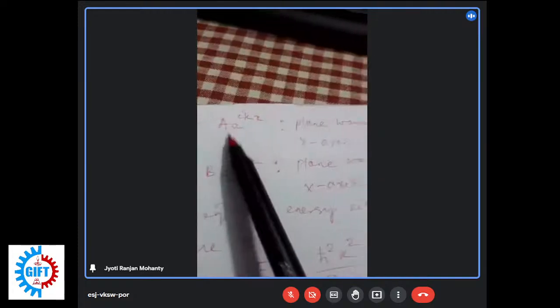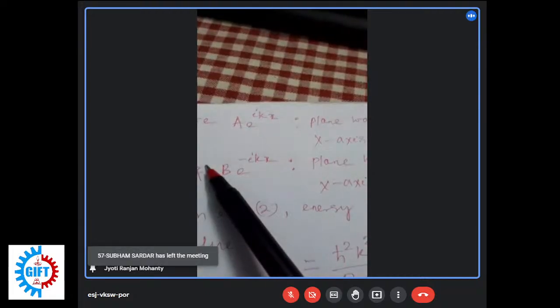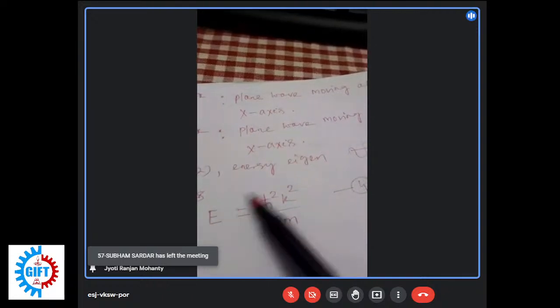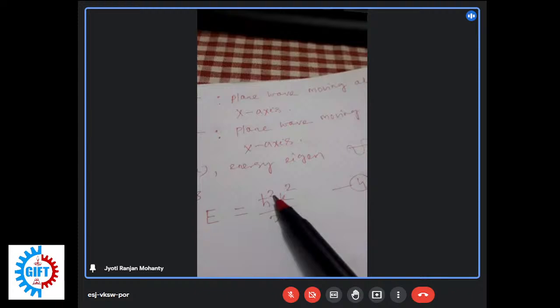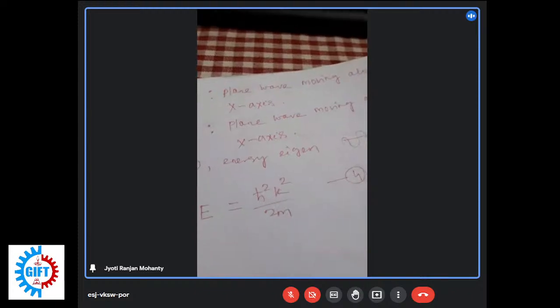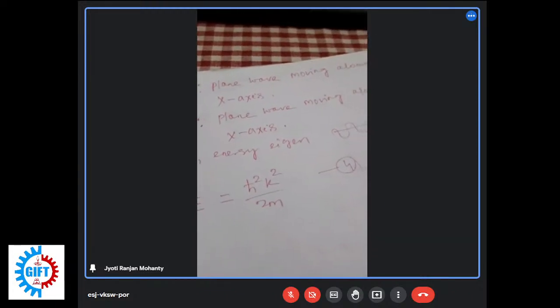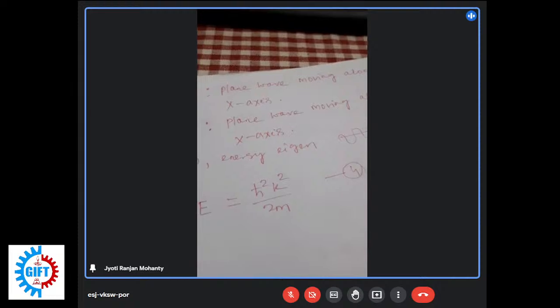And the eigenfunctions A e to the power ikx and B e to the power minus ikx correspond to the same eigenvalue, so it is known as degenerate. So this is your free particle.